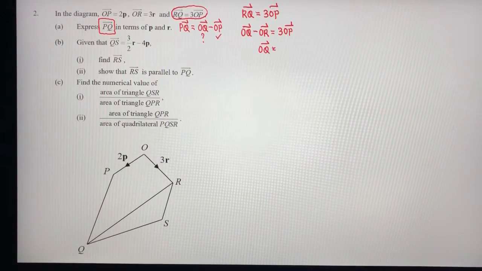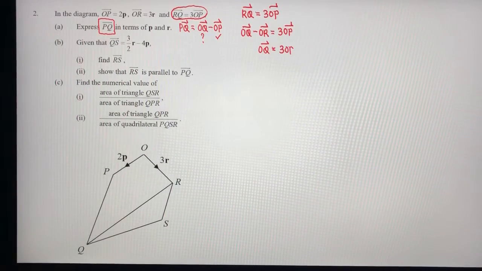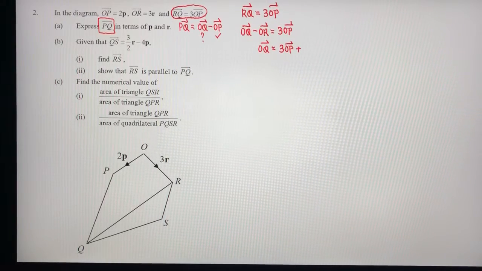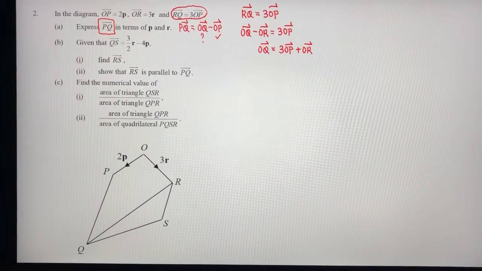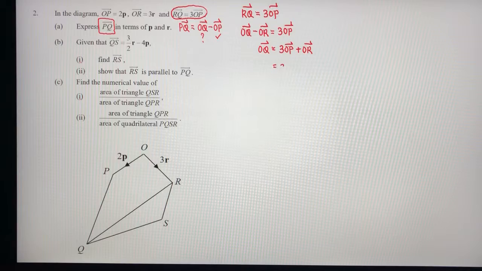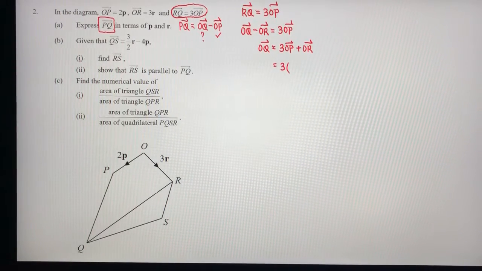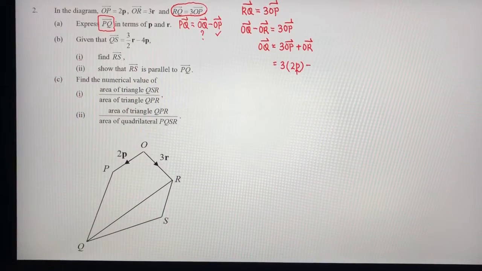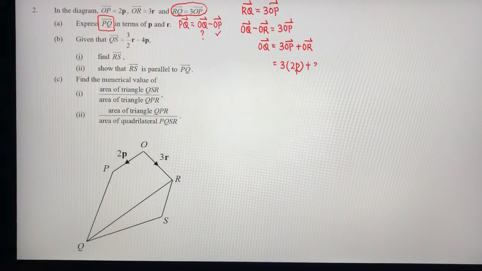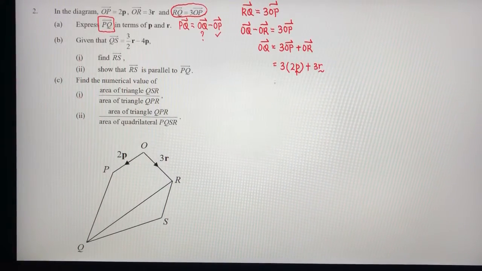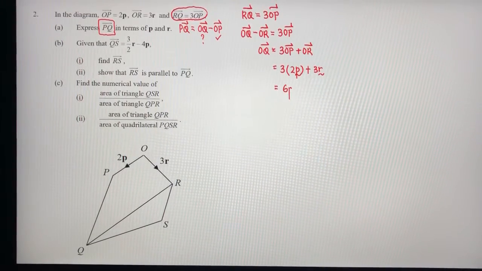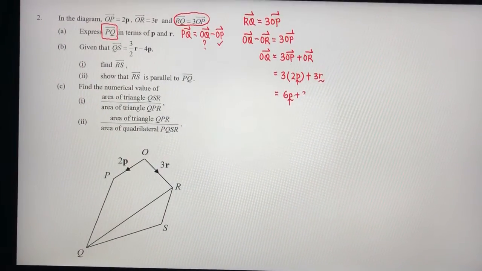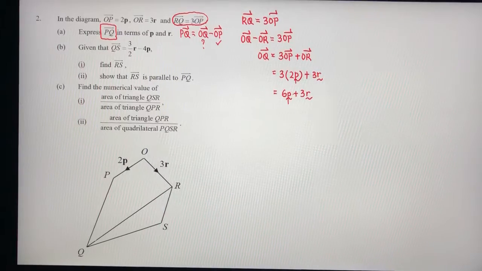So since we want to find the vector OQ, we shall make it the subject. Therefore, it equals 3 times OP plus OR, and we will substitute what the question gives us. OP equals 2P and OR equals 3R, and from here we know that OQ equals 6P plus 3R.